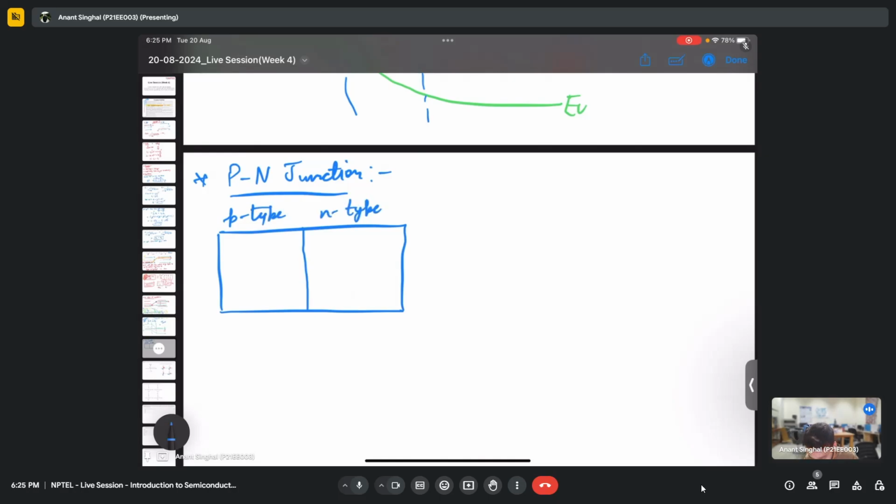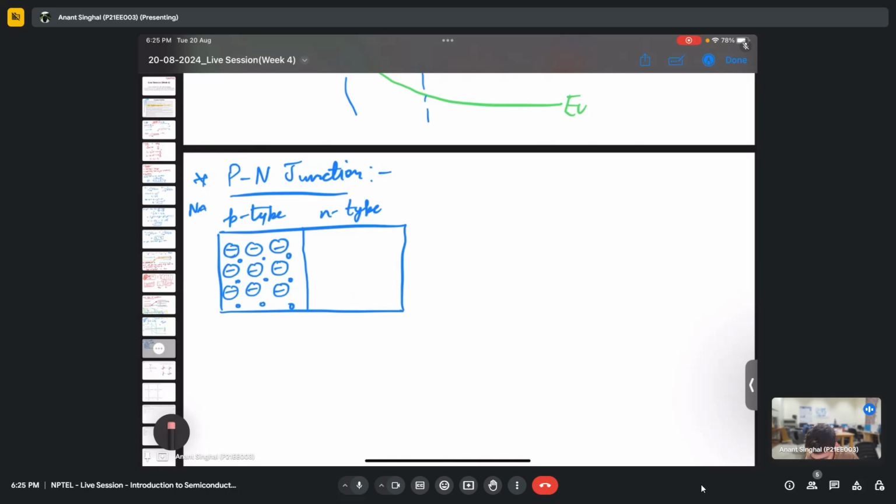In P type, we know that the majority carriers will be, can anyone tell what will be the majority carriers? Holes. Yeah, so holes will be the majority carriers. We'll have some Na, the majority carriers will be these holes, and the minority carriers will be electrons.